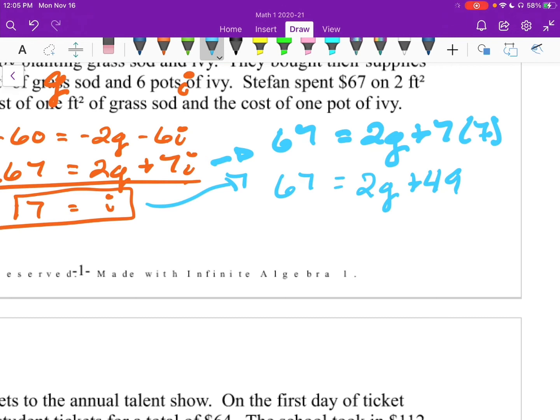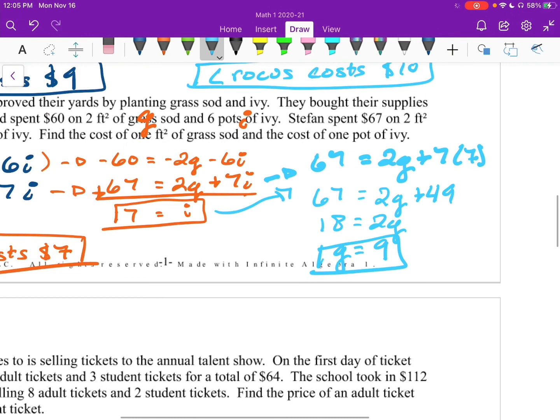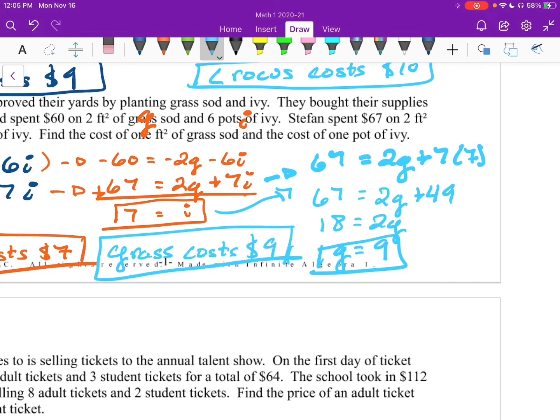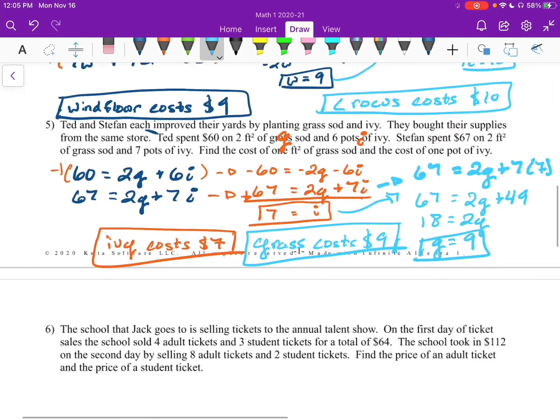I'm going to subtract 67 minus 49. So I have 18 is 2G, and then G is 9. So I'll just say grass costs $9. All right, there we are.